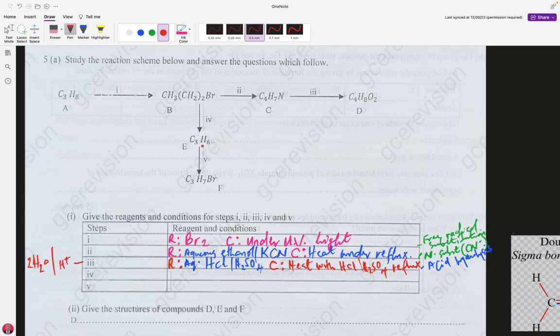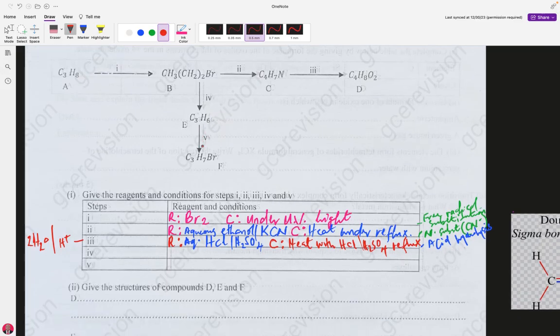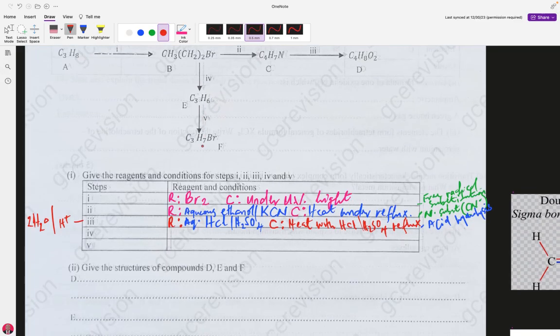So in this case, number four, I told you most of these are under reflux. Here, what will be the reagent? The reagent for number four will be alcoholic potassium hydroxide.